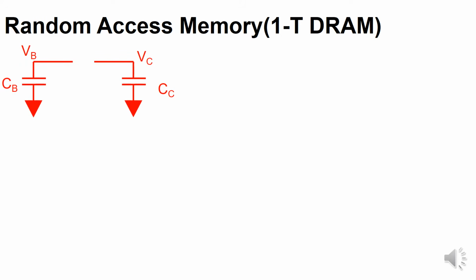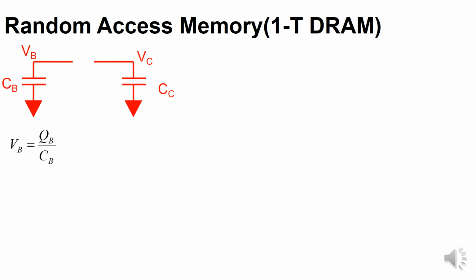Now we have two capacitors, CB and CC. The voltage across CB is given by VB and the voltage across CC is given by VC. VB is given as QB by CB, where QB is the charge stored in CB.